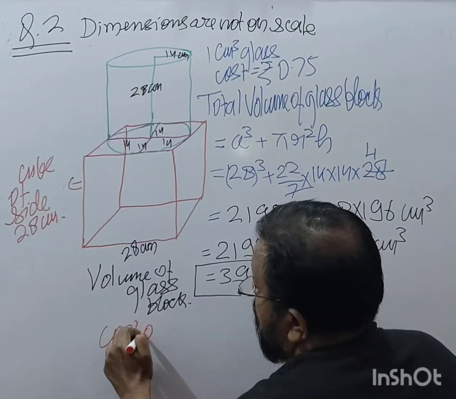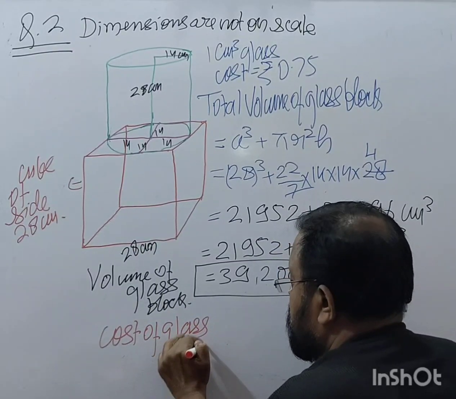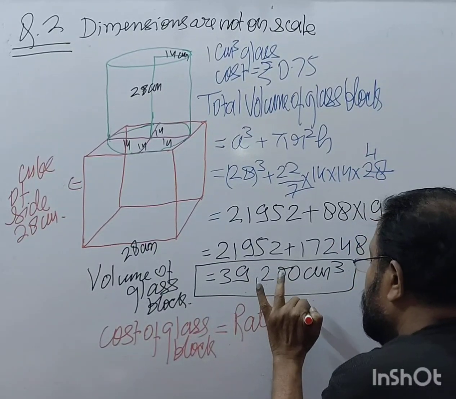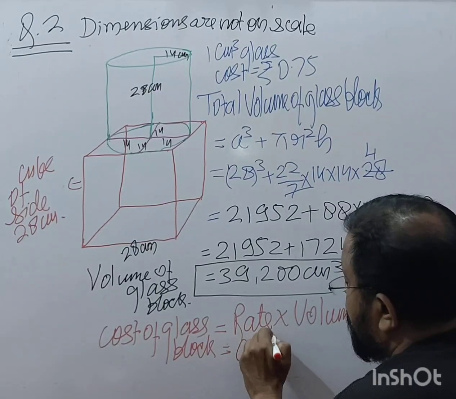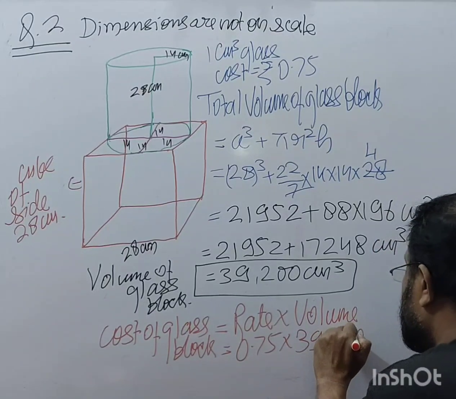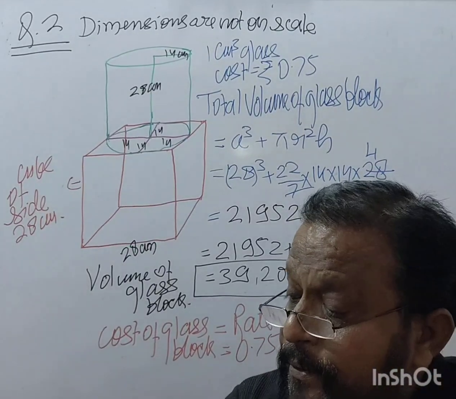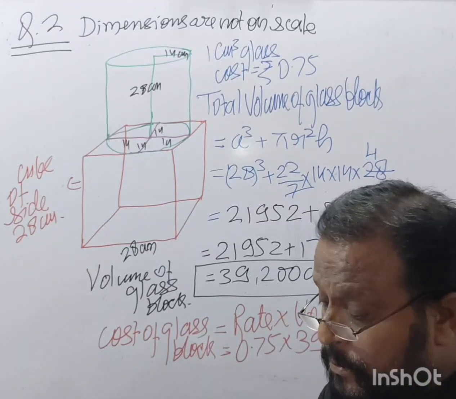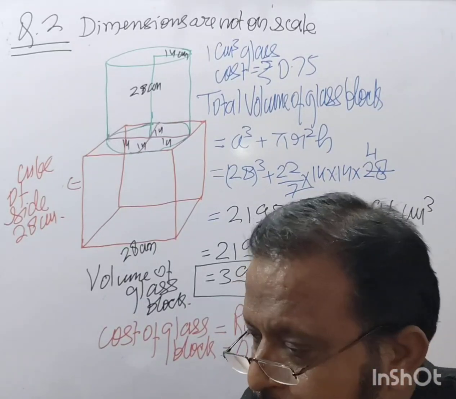So we get the cost of the glass block is equal to rate into volume. So it is 0.75 into 39,200 centimeter cube, right? It is 29,400.